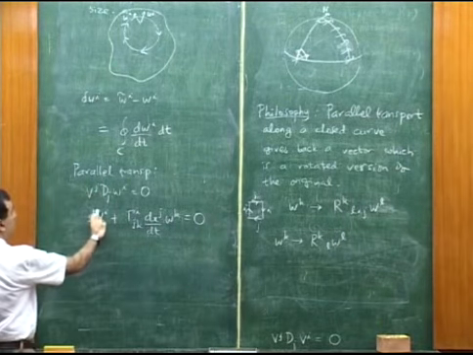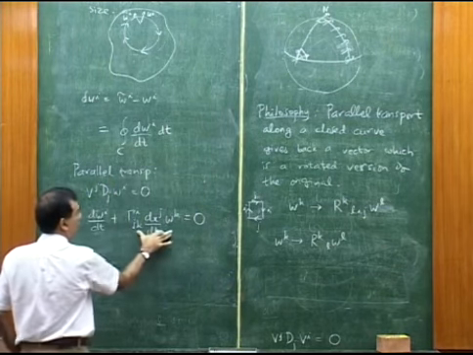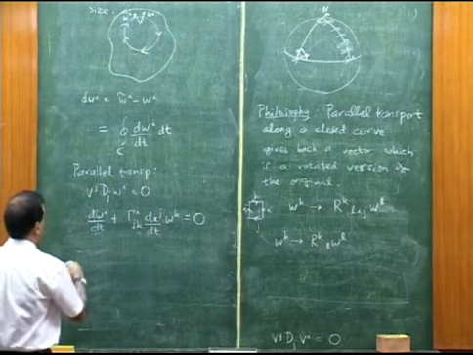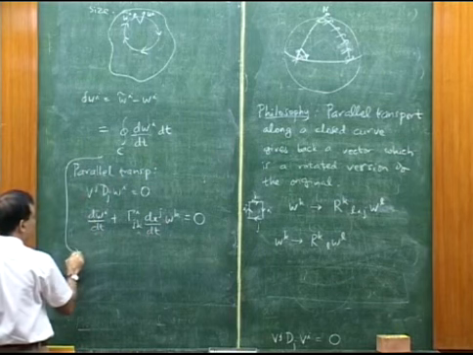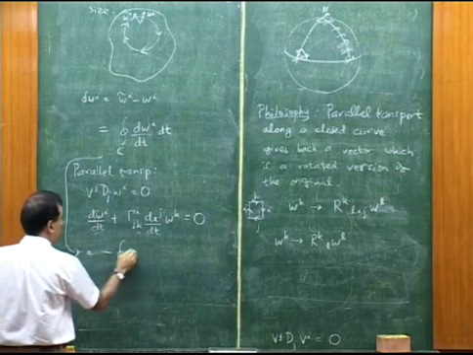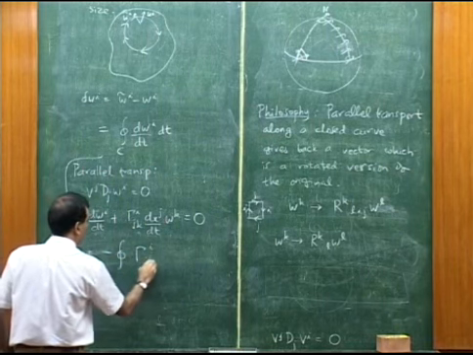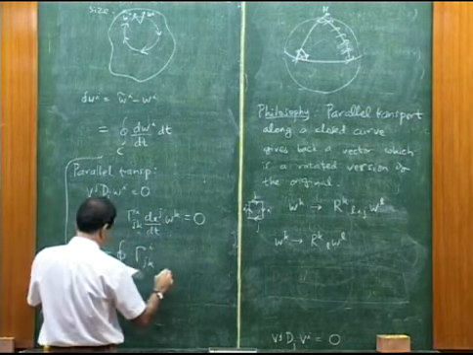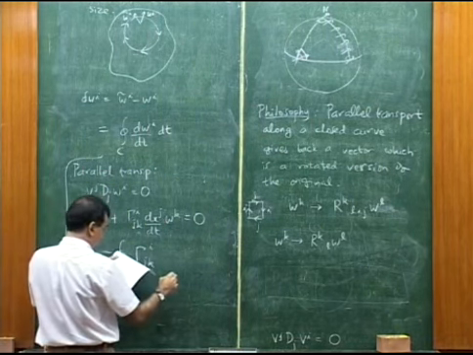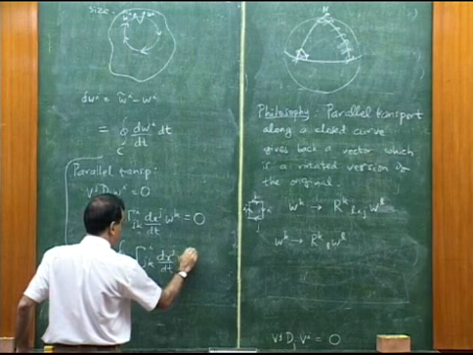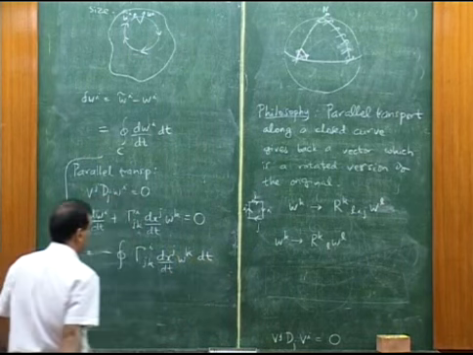So I am free to take this thing and replace it with the minus of the right hand side. So therefore this is equal to minus the integral of Gamma^i_jk dx^j by dt W^k dt.